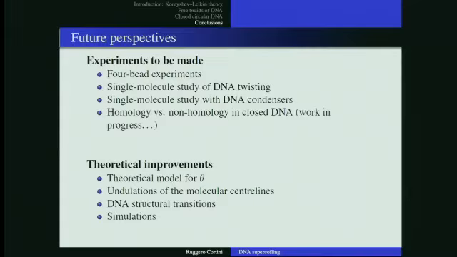And there are many other theoretical improvements: a theoretical model for these parameters, undulations of a molecular center line, structural transitions, and simulations of DNA. And thank you for your attention.